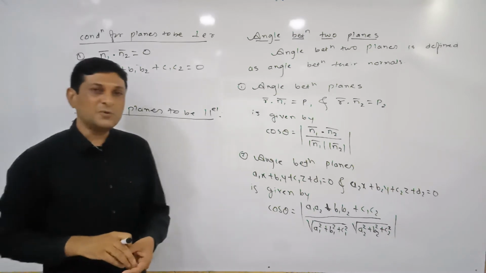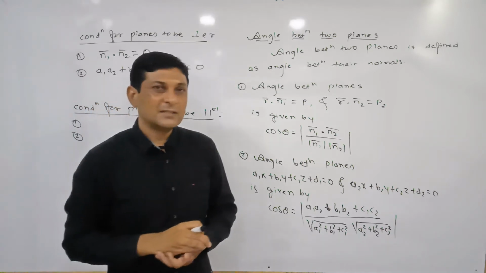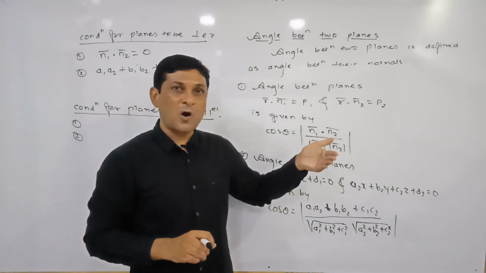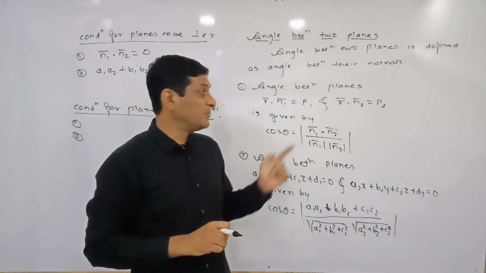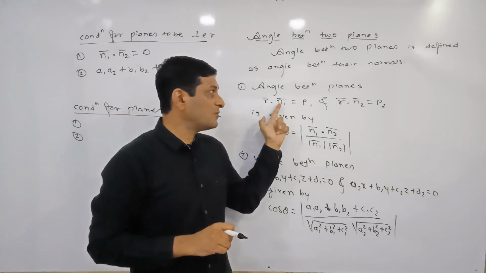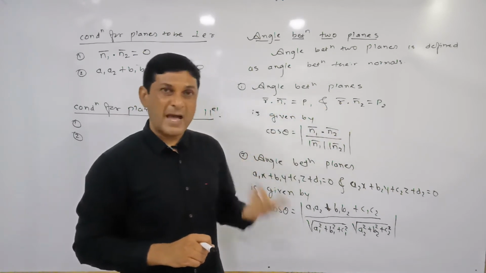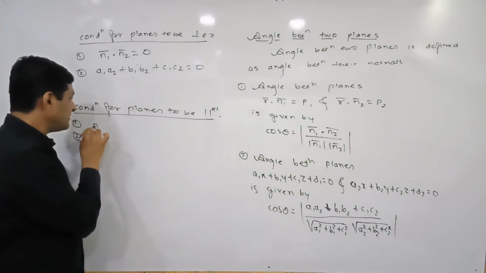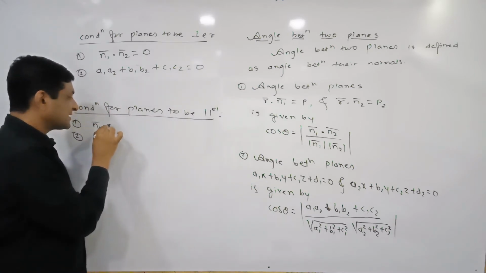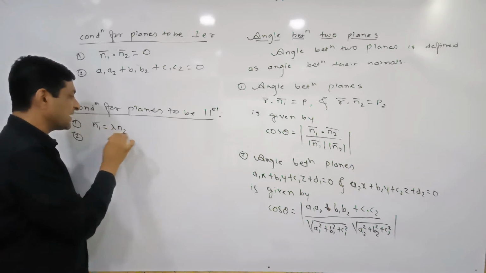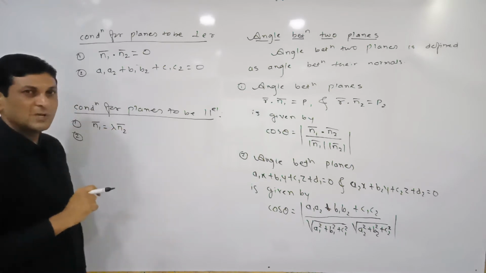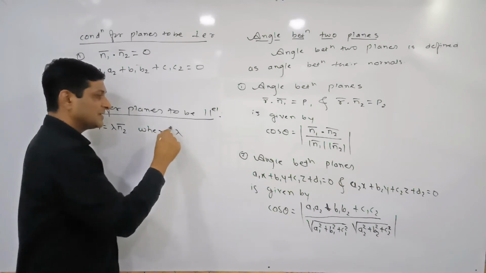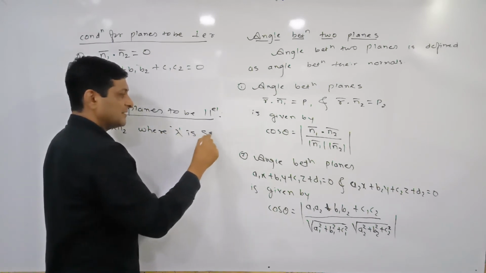Now if two planes are parallel, then the vectors along the normals are also parallel. Which two vectors are parallel? n1 bar and n2 bar are parallel, and we know that if two vectors are parallel, one vector can be expressed as a scalar multiple of the other vector. That means n1 bar is equal to lambda n2 bar, where lambda is a scalar.